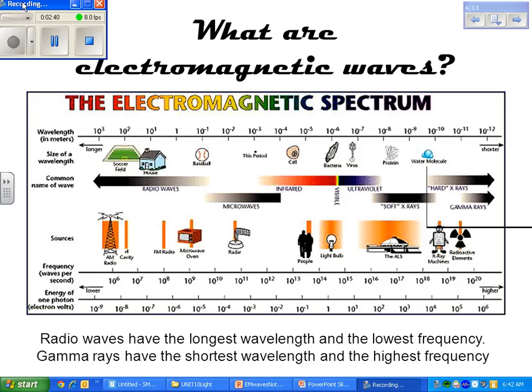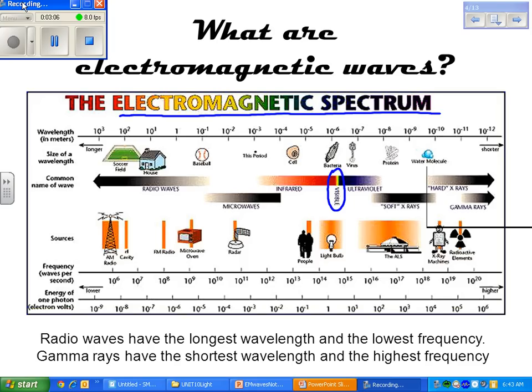This is known as the electromagnetic spectrum. Like I said, we have visible light, which is only a small portion of the huge spectrum. So obviously we don't see a lot of the waves we're talking about here, but we're probably familiar with some of their names.